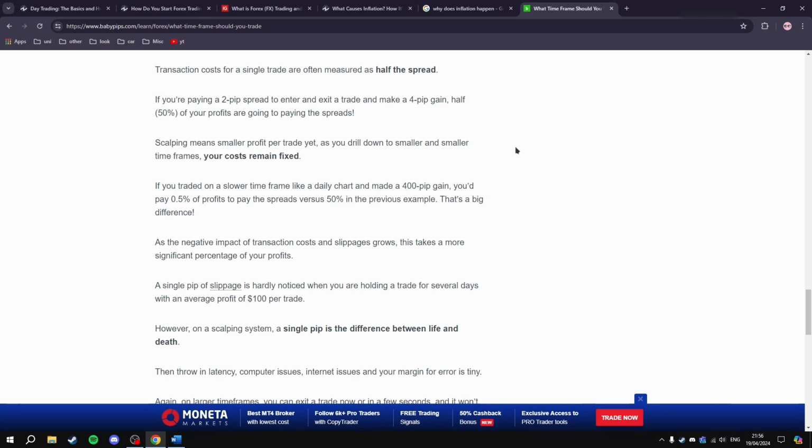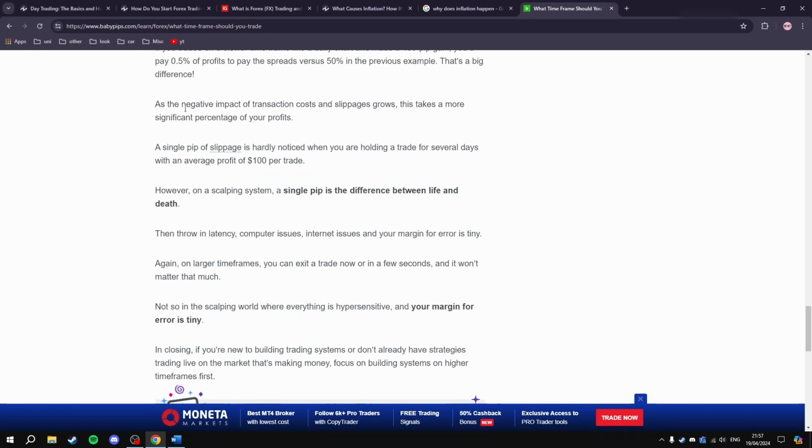Whereas if you have a 2 pip spread but only made 4 pips, then you have to pay 50% of that, which is a pretty big chunk of your profits.